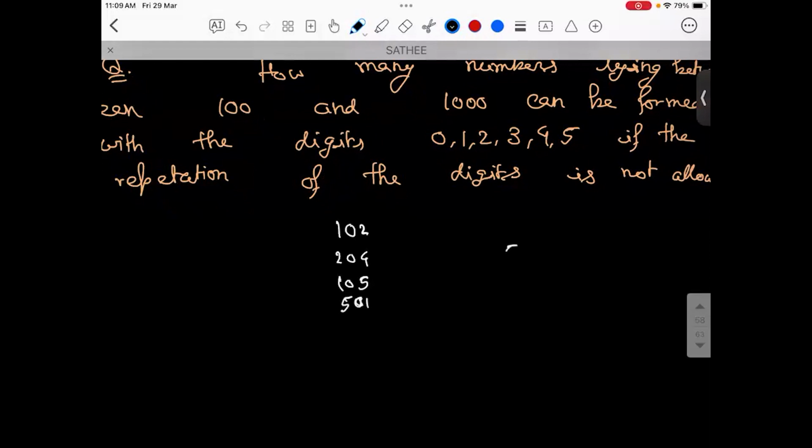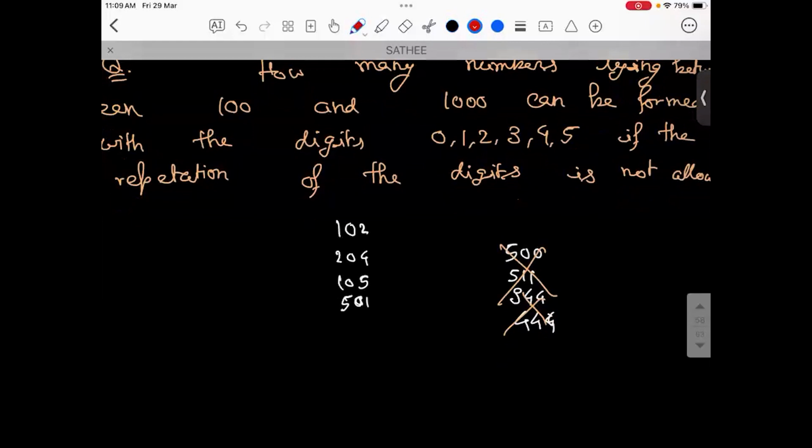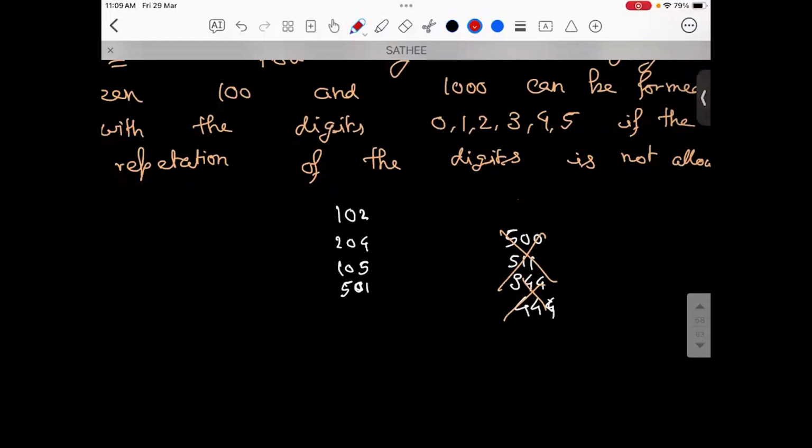Here we will not include 500 or 511 or 344. This kind of number will not be allowed here, because one digit is repeating. The repetition will not be allowed. This kind of number will be included in this range.